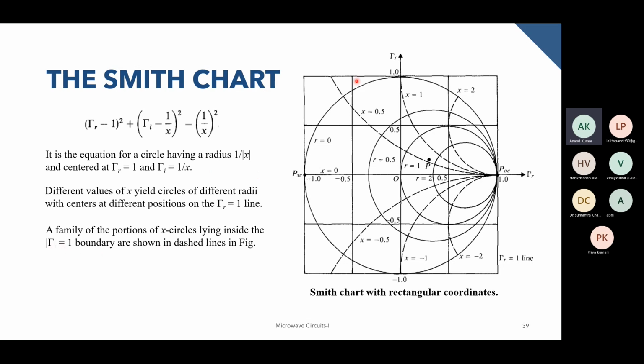Inside that you'll have these particular circles. So for example, x equal to 2 will plot something like this, x equal to 1 will plot something like this, x equal to 0.5 will be a line like this, and x equal to 0 will actually become the gamma r equal to 1 line.